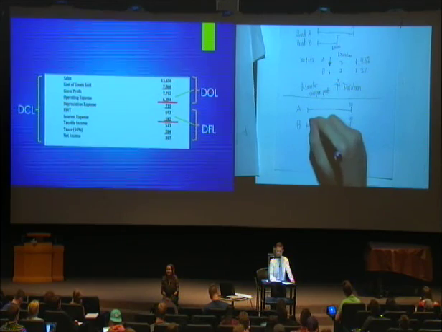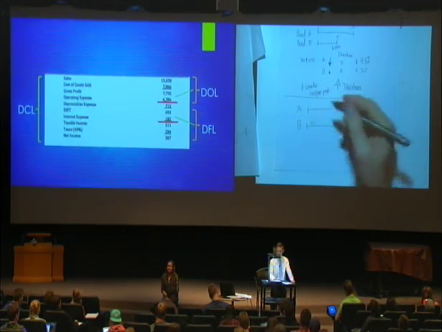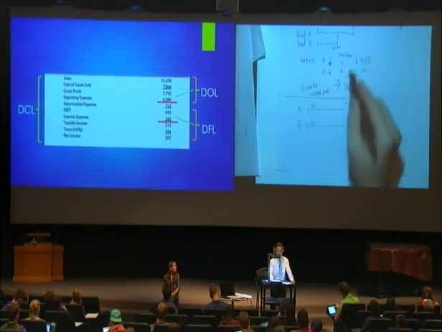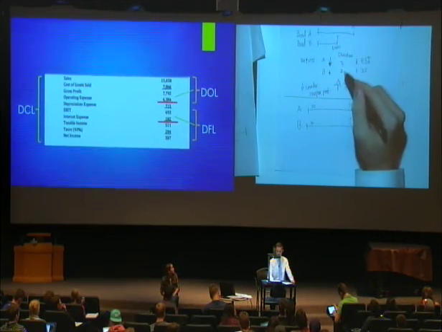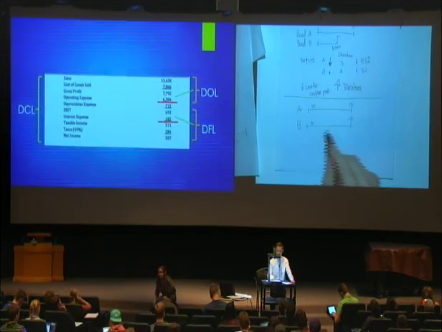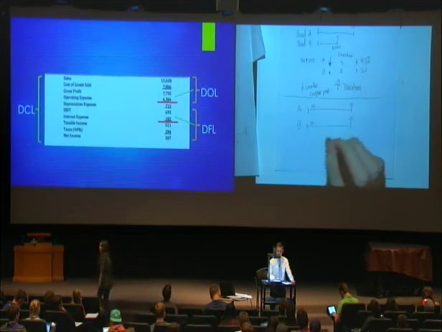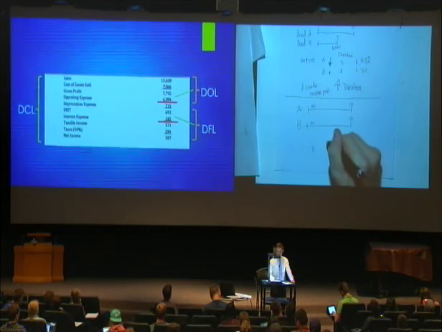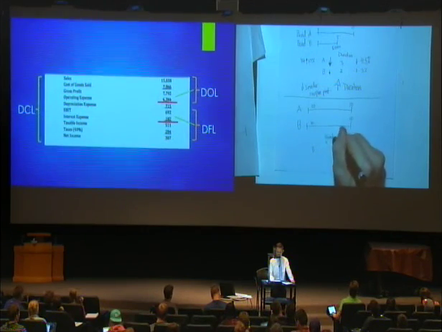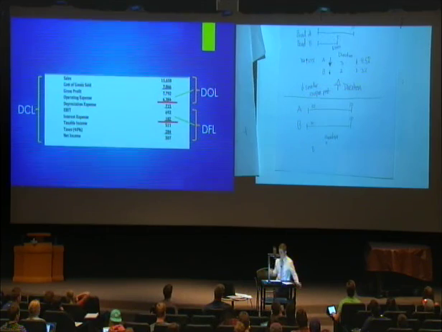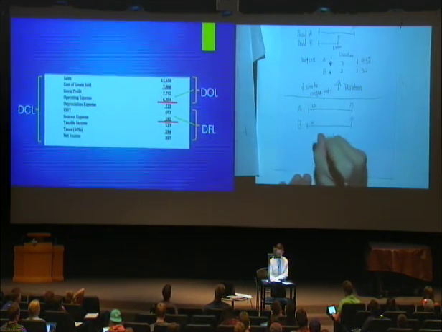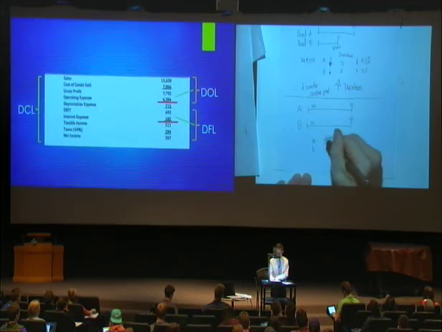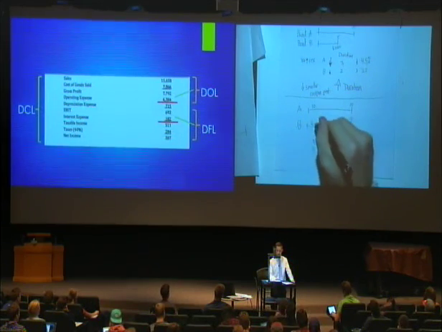If this one has coupon payments of $30 and this one has payments of $50, the number I get back for duration for this one is going to be higher. So B will be a duration of, let's say, 6, and this will be a duration of, let's say, 3, because it has smaller coupon payments.